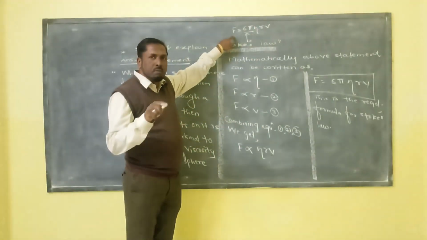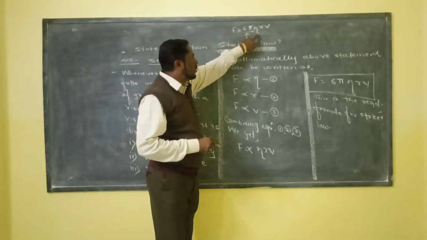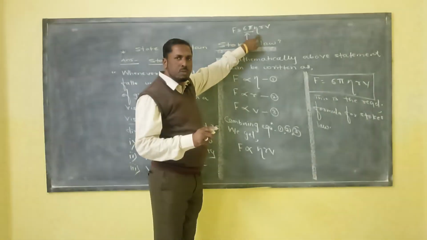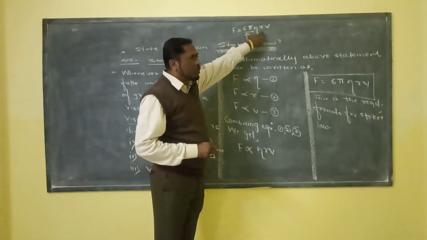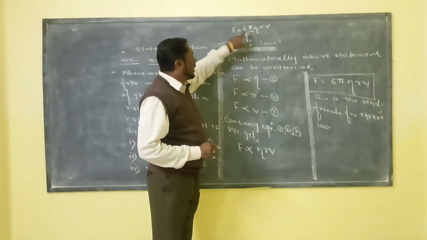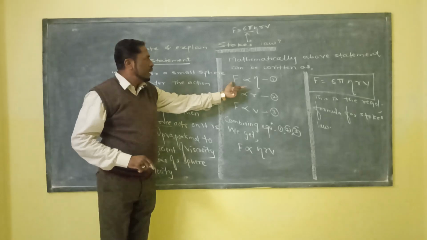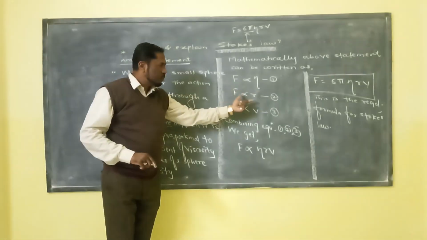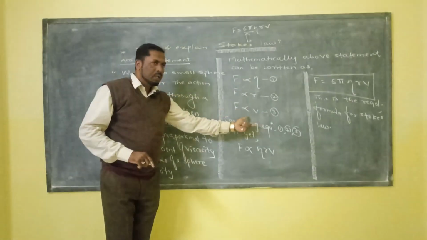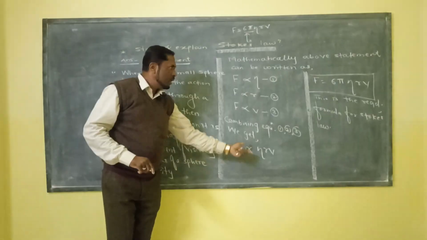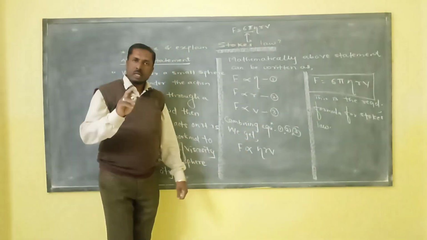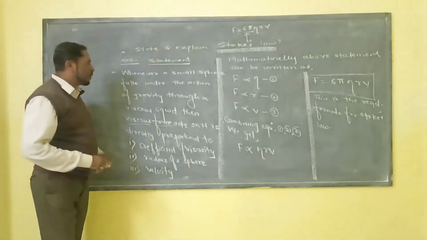F is the viscous force and it is directly proportional to eta, the coefficient of viscosity, to radius R, and to velocity V. So F proportional to eta, F proportional to R, F proportional to V. Combining 1, 2 and 3, we get F is equal to 6 pi eta RV.